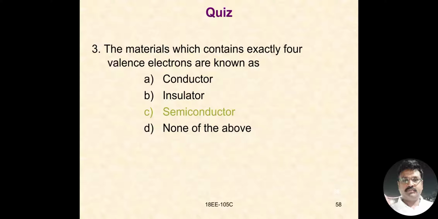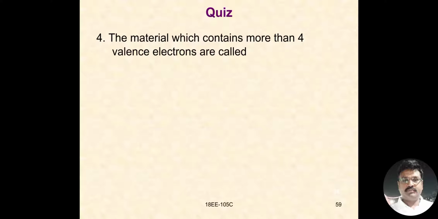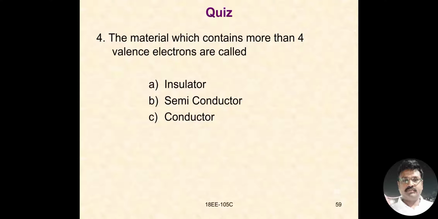If valence electrons are less than 4, it is a conductor. If it is greater than 4, it is an insulator. The material which contains more than 4 electrons is called: insulator, semiconductor, conductor, none. The right answer is insulator.